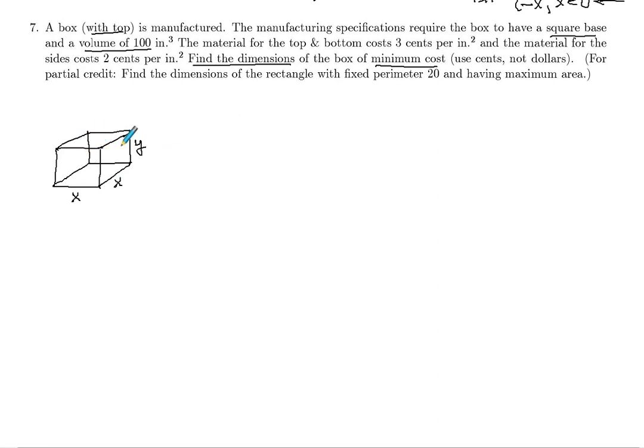So that's what our box looks like. And if we were to unfold this thing, this is asking about the cost of it, and it's cents per square inch. So that's talking about the surface area of this box. So if we laid this thing down flat and unfolded it here, the base would be x by x.